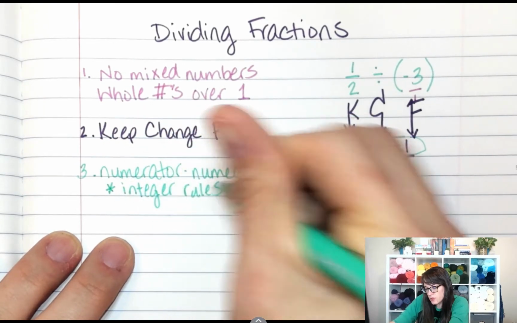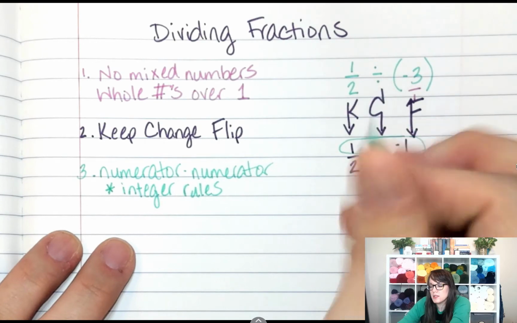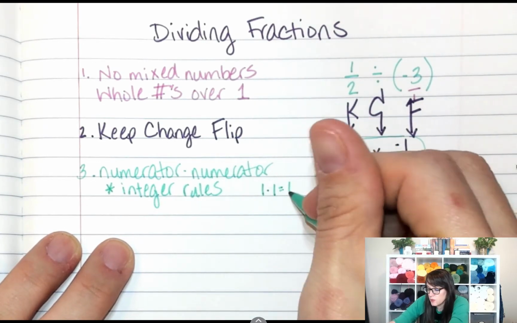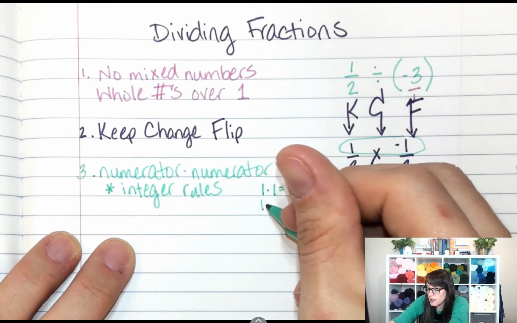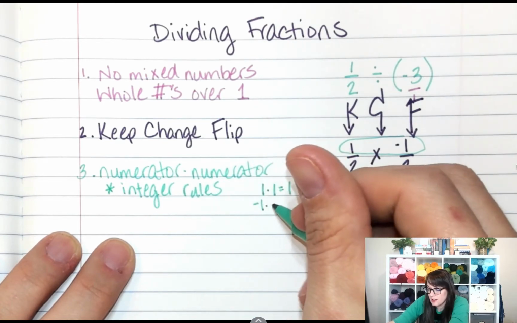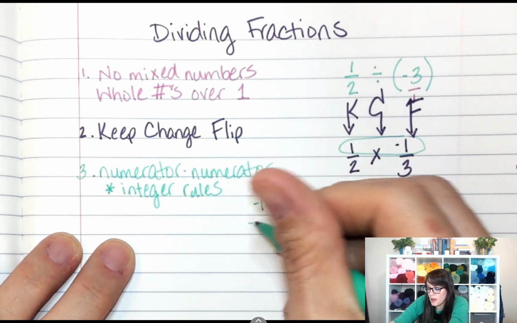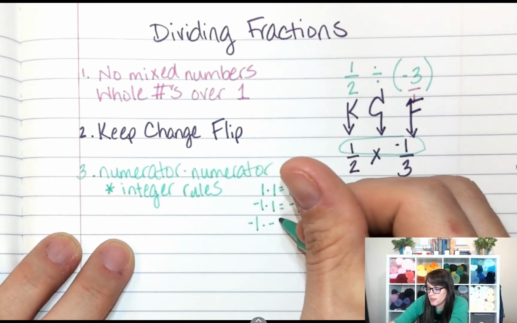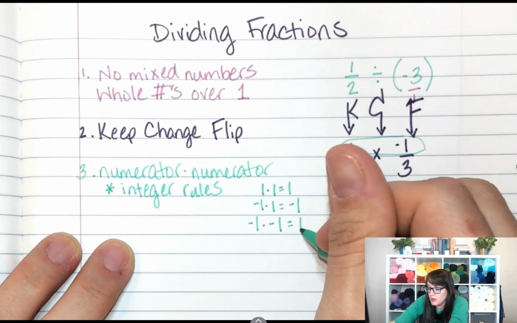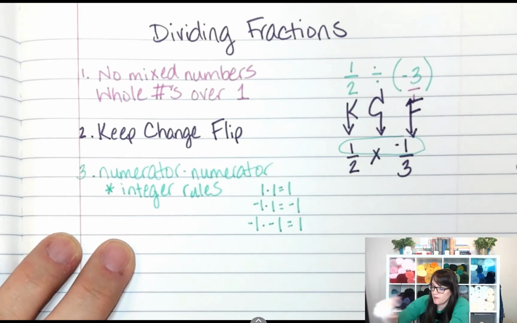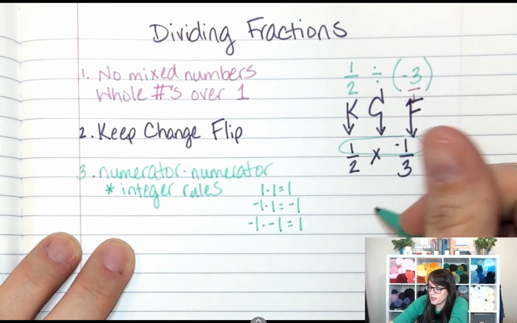This is how I like to remember it. 1 times 1 is 1. The opposite of 1 times 1 would be the opposite of 1. Then the opposite of 1 times the opposite of 1 would be 1 again. So 1 times -1 is -1.